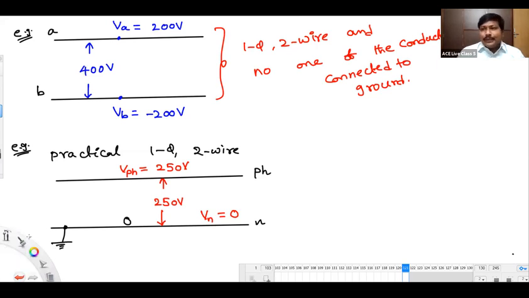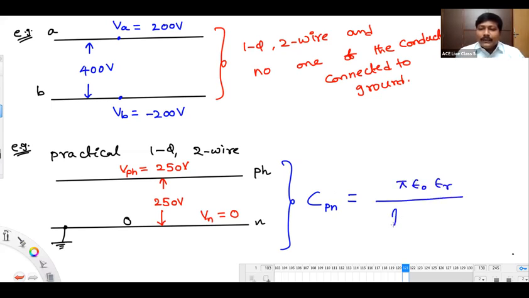The capacitance formula will be the same, even though the other conductor was grounded. For example, if you want the capacitance between phase and neutral wires, it will be pi epsilon naught epsilon r by natural logarithm of the distance between the two conductors by the radius of the conductors.